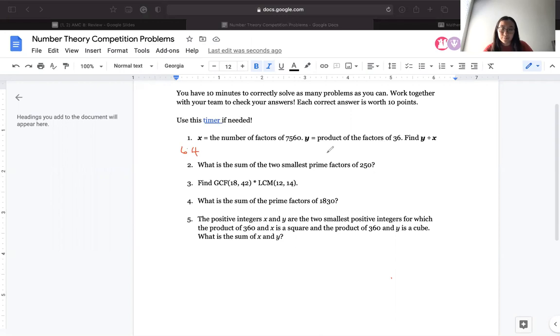And then y is the product of the factors of 36, which is also the square root of 36 multiplied by the number of factors of 36, which is 9, if you calculate it out. And so then you just do 6 to the 9th power divided by 64. And then your final answer should be 1,000, oh, sorry, I'll just write it up.